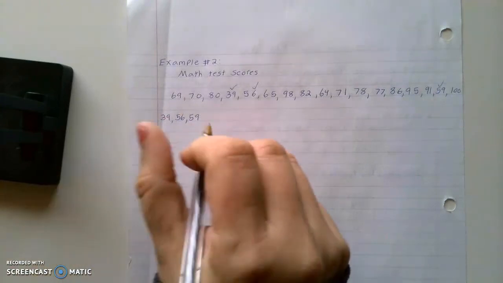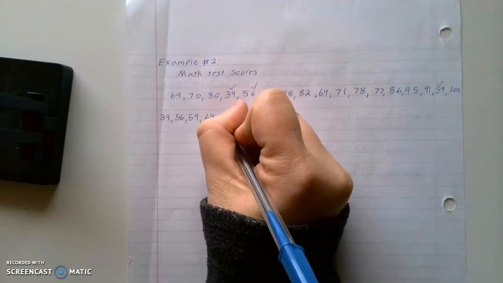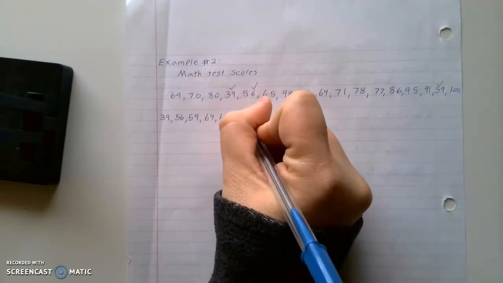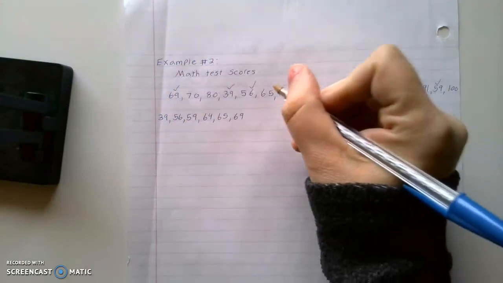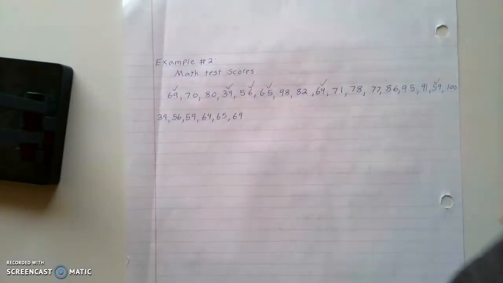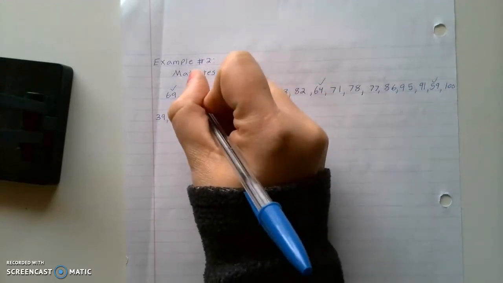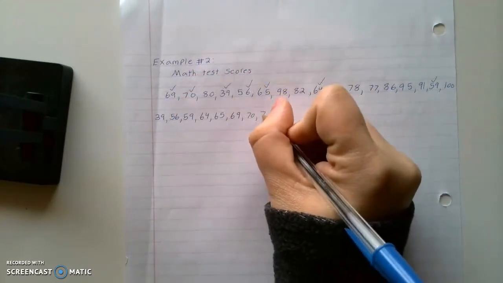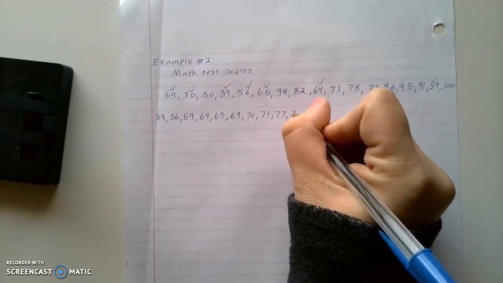Alright, and then in our 60s, I have a 64, a 65, and a 69. So let's go ahead and mark those off, make sure we got everything. My 70s, I have a 70, I have a 71, 77, and 78.